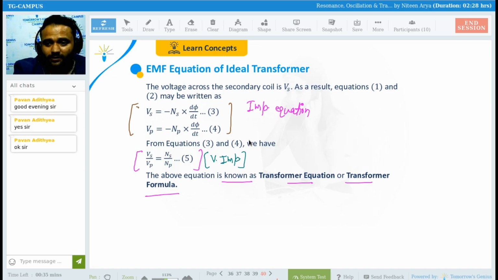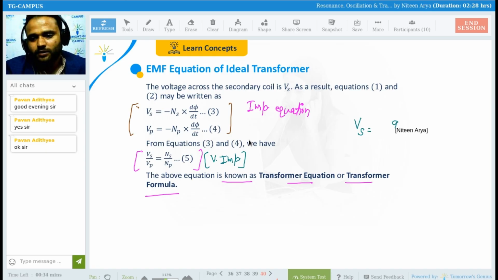Or sometimes, to make a question a little bit difficult, they can formulate it like this: the voltage is going to drop 90%. So obviously, when the voltage drops 90%, what is the meaning? Vs, the secondary, is 90% of Vp.